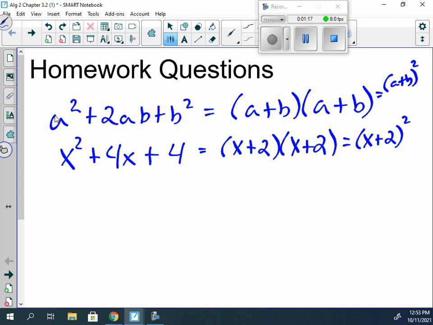Now we also have this in subtraction because it could be a squared minus 2ab plus b squared. And the only difference between this one and the first one is that it would be a minus b squared. It would be a minus b times a minus b.